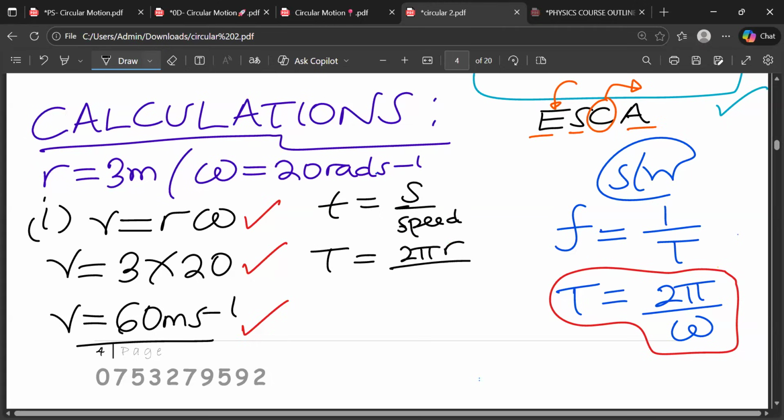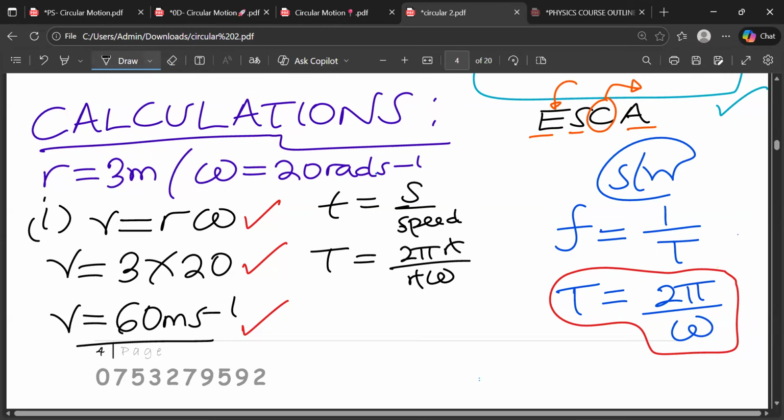And I remember telling you that the speed we are going to consider, since as we complete the revolution, our speed is uniform or constant. We are not going to cause ourselves issues. We shall use the linear speed, V equals r omega. Then that's how we cancelled this r and this r.